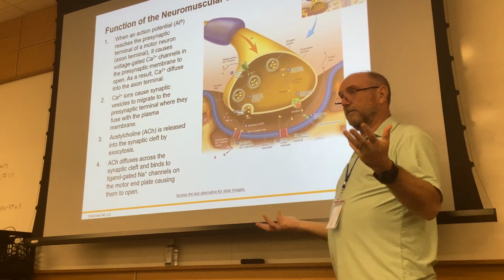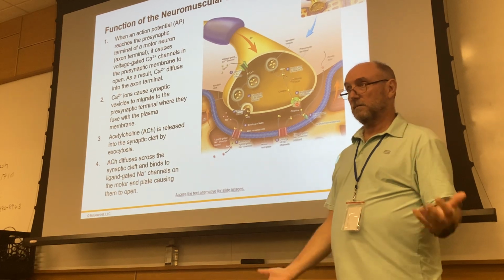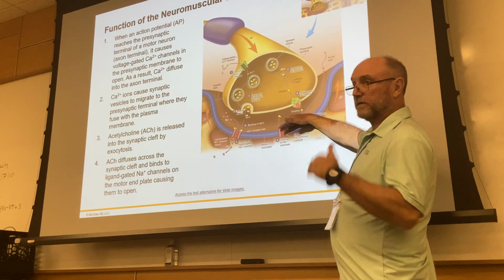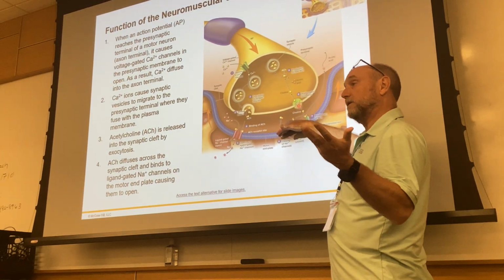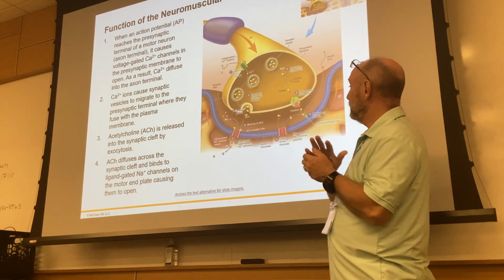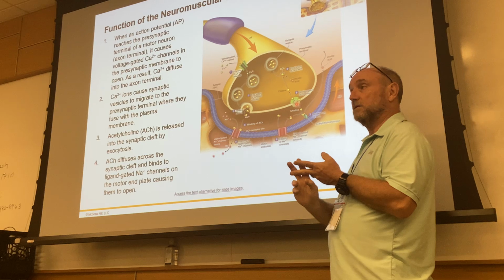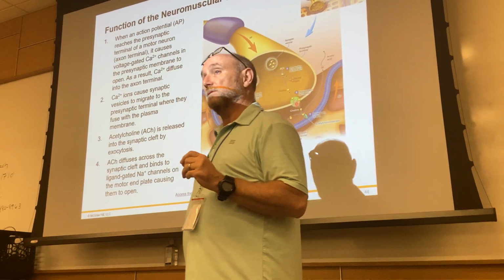If it grabs it and breaks it down, it can no longer act, and then your muscles can relax. Once there's no more acetylcholine, or not enough to cause a reaction or a muscle contraction, the muscle doesn't contract anymore. So there are two mechanisms to turn off the muscle contraction. There are two different versions of endocytosis.